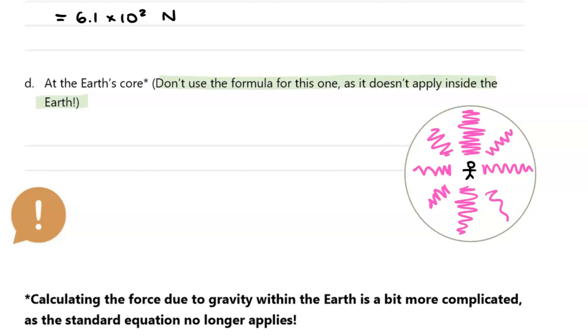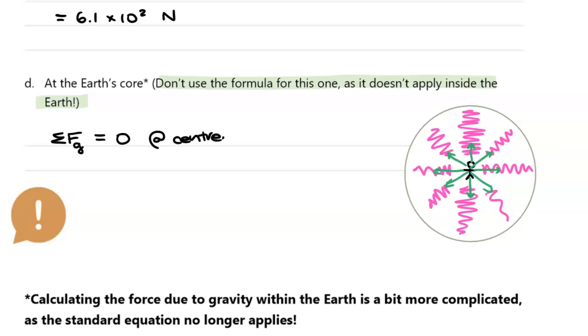What happens here is the force due to gravity, due to all of these, I imagine it's like chunks of masses, but it's really all of the masses above us towards the surface. We're going to have all these forces pointing in opposite directions. And the result is that the sum of the forces of gravity, due to all that mass surrounding us in a sphere, is going to be equal to 0 at the center.